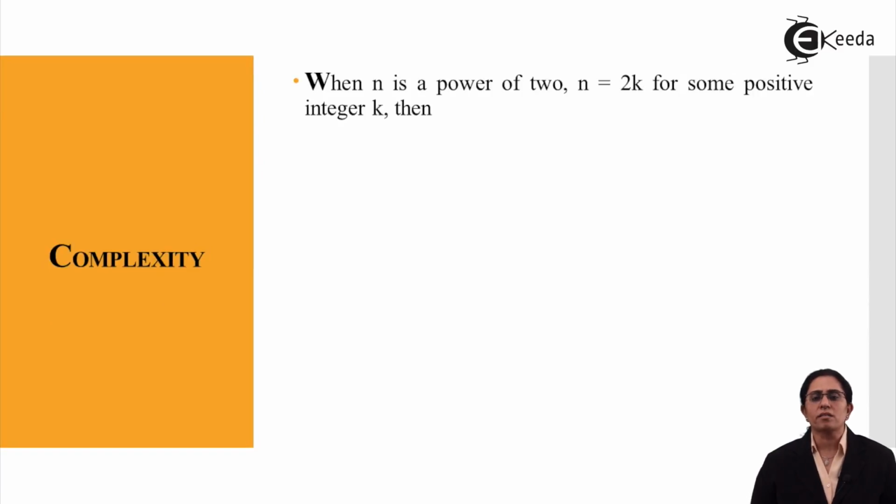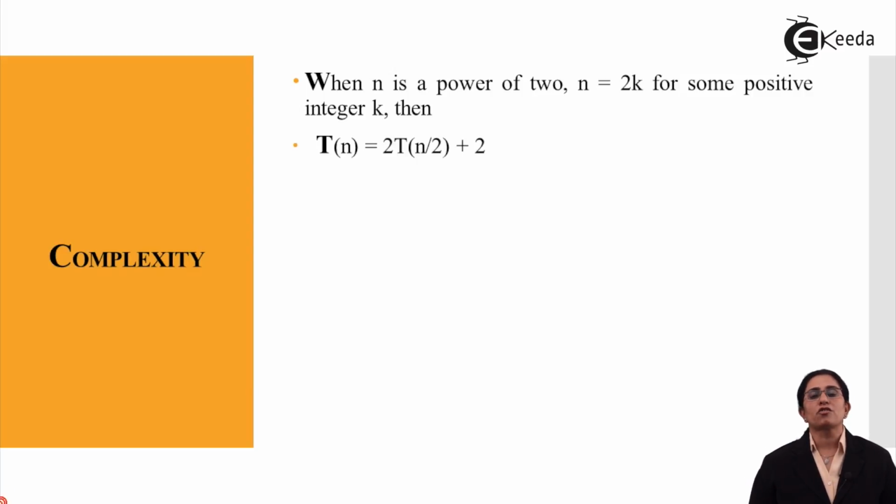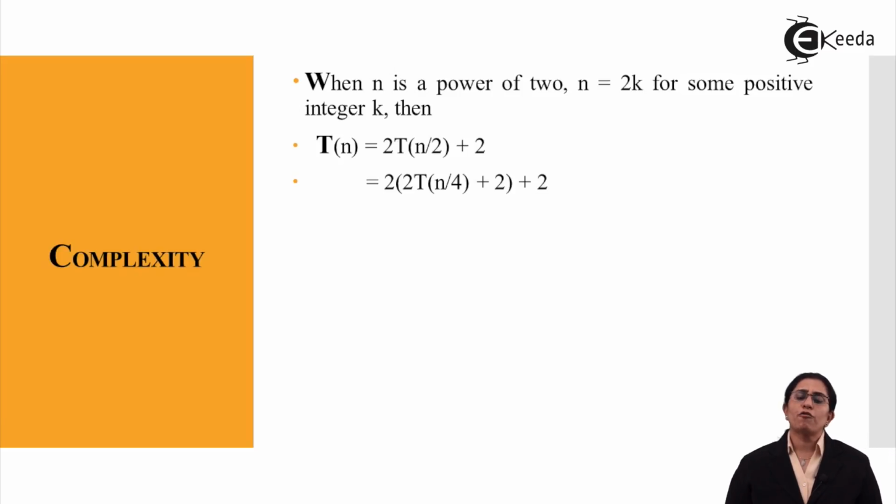Now what is the complexity? When n is a power of 2 and n is equal to 2^k for some positive integer k, then T(n) is equal to 2T(n/2) + 2. It will go on further increasing.